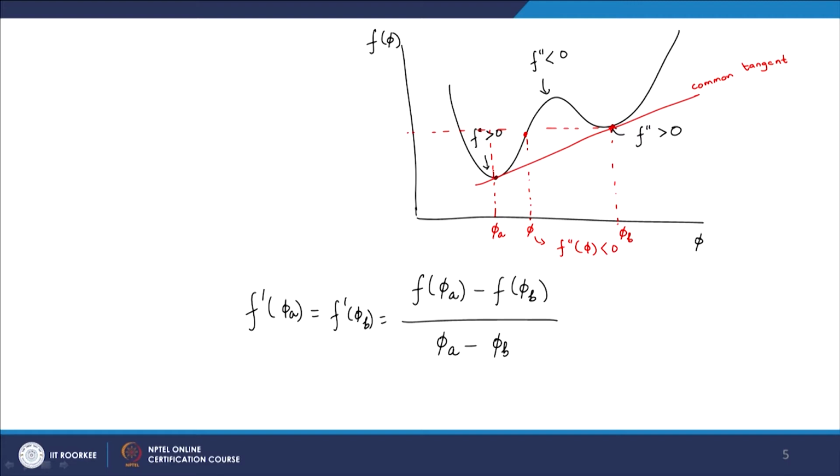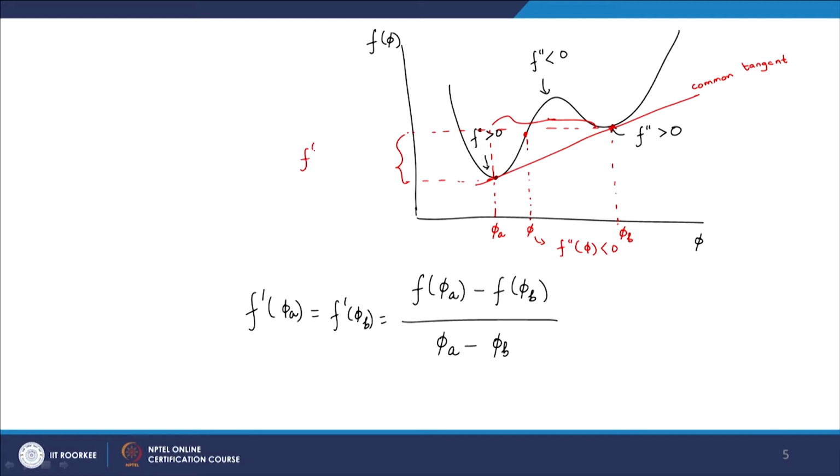So, for this particular triangle, the slope is equal to this divided by that.